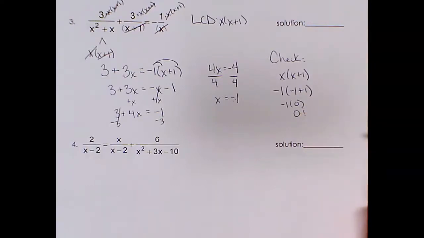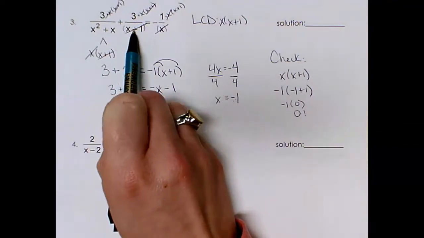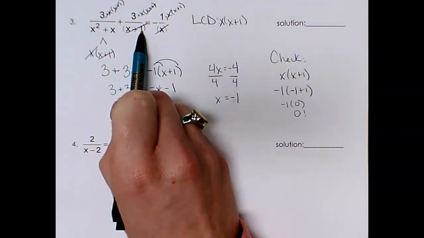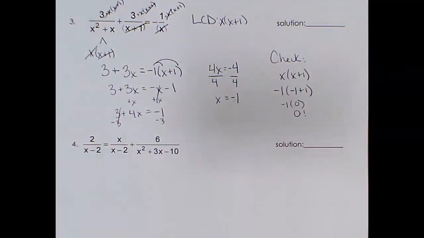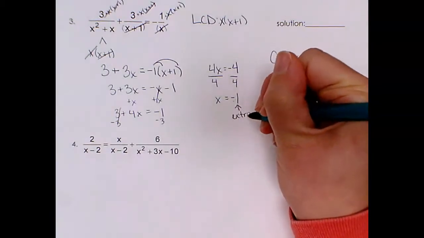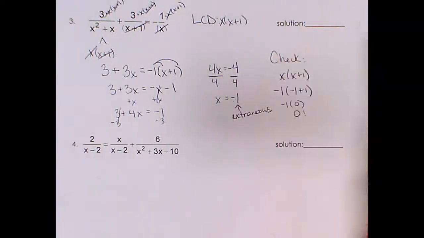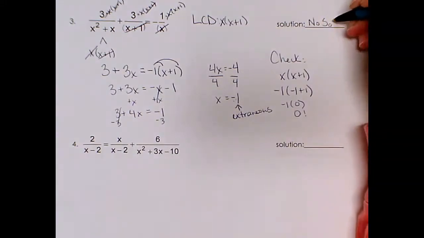That's not okay. If I plug in a -1 here, -1 plus 1 is 0. So that means that -1 is actually not a solution, it's extraneous. There's no solution that we can put, so we say no solution.